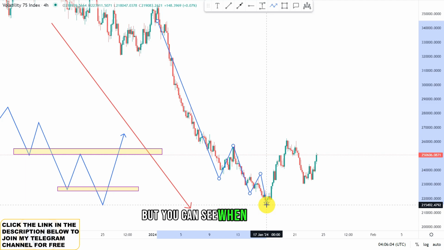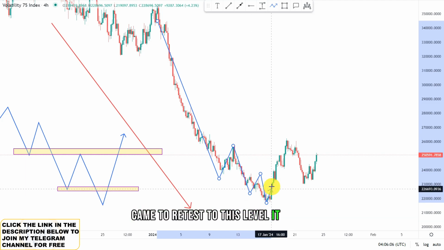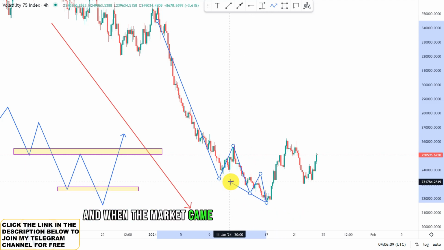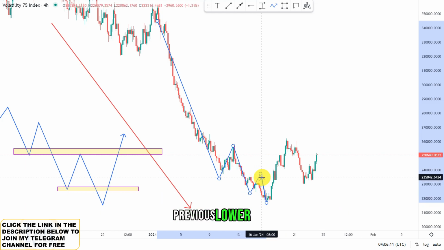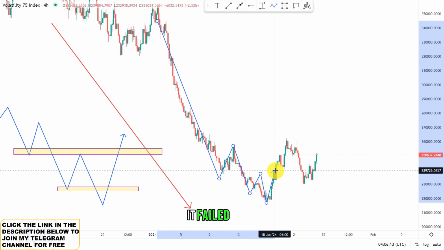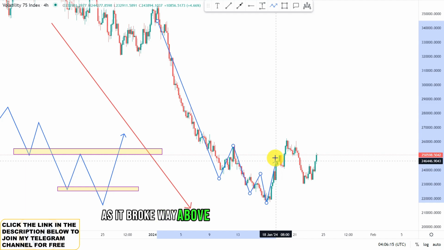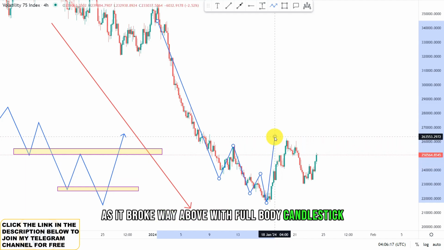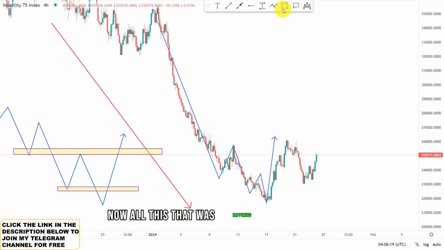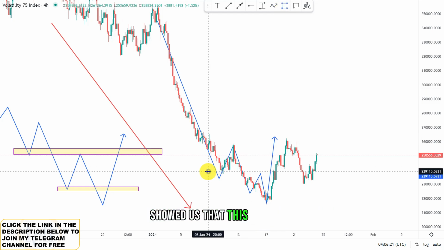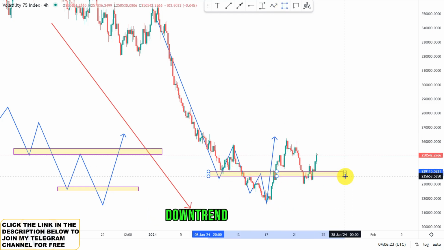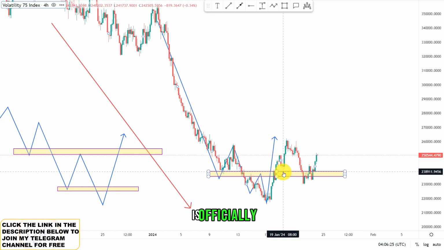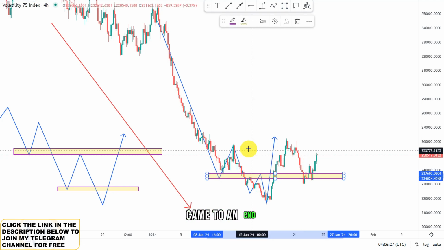But you can see when the market came to retest this level, it failed, and when the market came again to retest the market's previous lower high right here, it failed again as it broke way above with a full body candlestick. All this that was happening on the charts showed us that this market's downtrend movement officially came to an end.